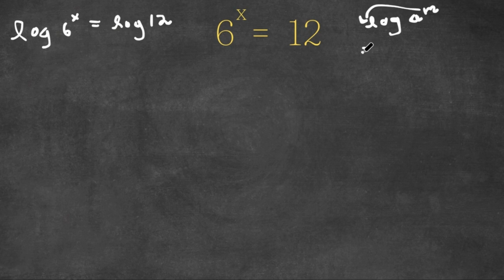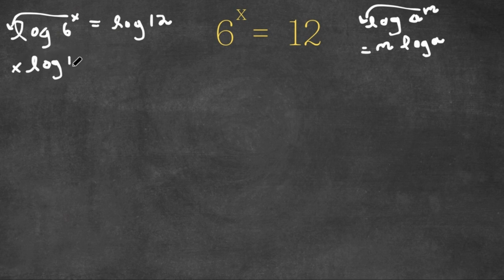So this would equal m times log a. So as you can see here, we have log 6 to the power of x. We can move this exponent x to the front of the logarithm. So this would be x times log 6 is equal to log 12.